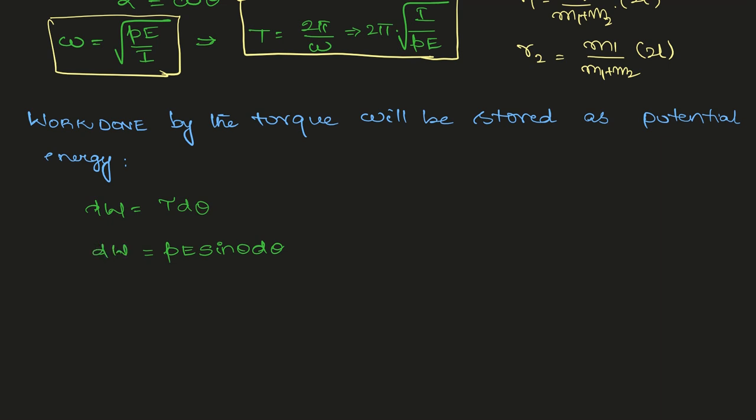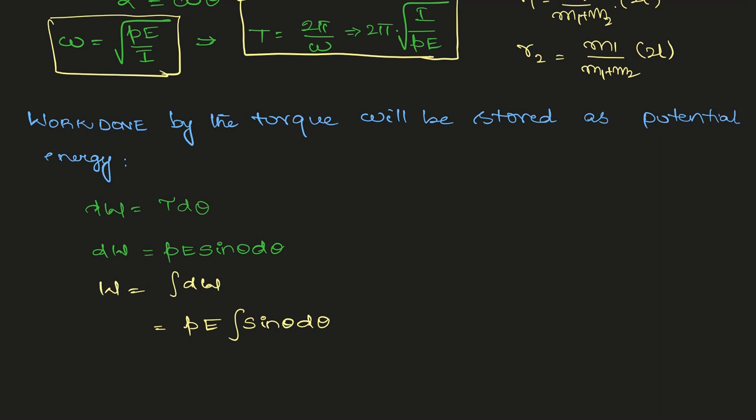And if I need the total work done, definitely I have to integrate. That work done will be equal to the integration of dW, and I can bring PE outside, integration of sine theta d theta.